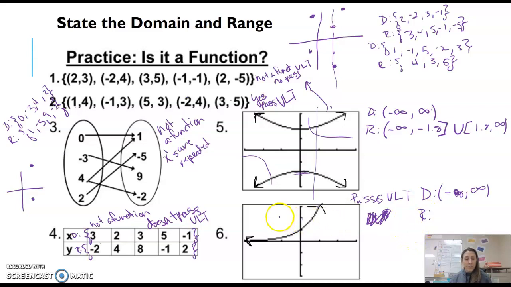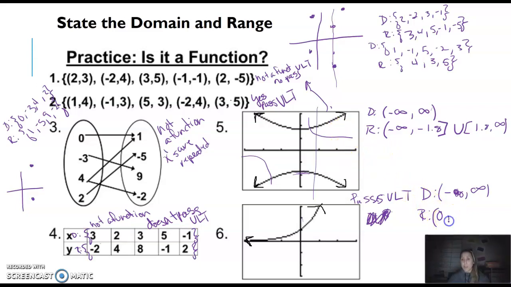And then the range, well, it's never going to get to 0, it doesn't actually ever equal 0. So the smallest possible value, since you always go bottom to top for range, is 0, but we're going to use a parenthesis. The lights just turned off in the classroom. And then we're going to go to infinity because it goes up forever.